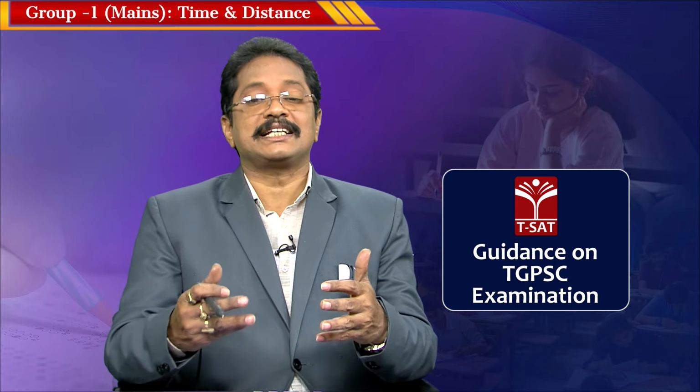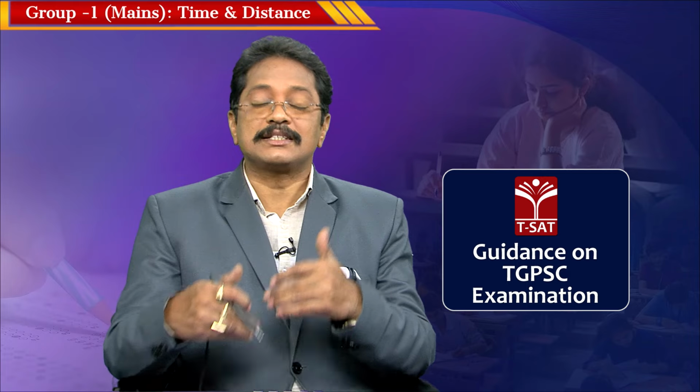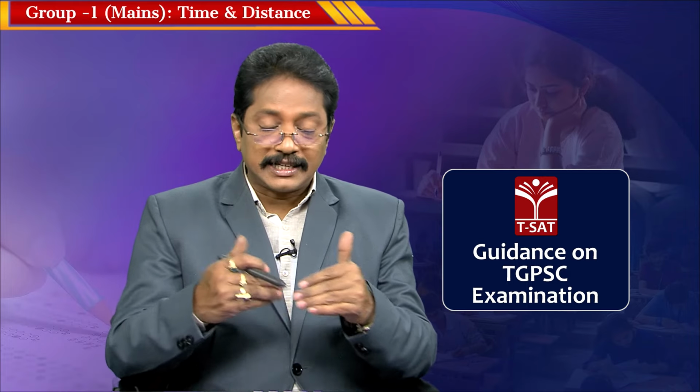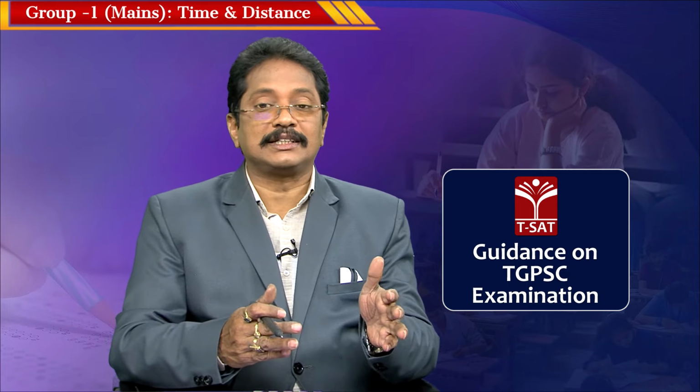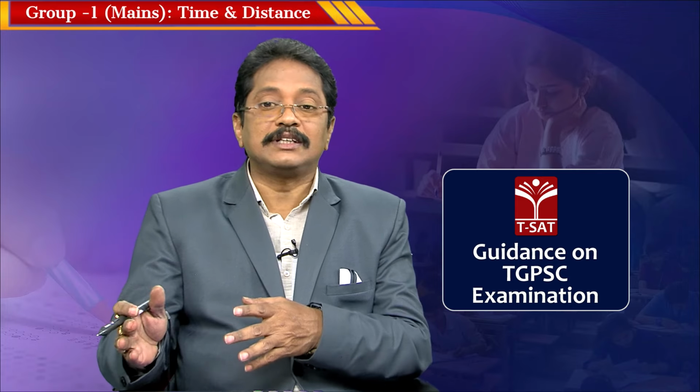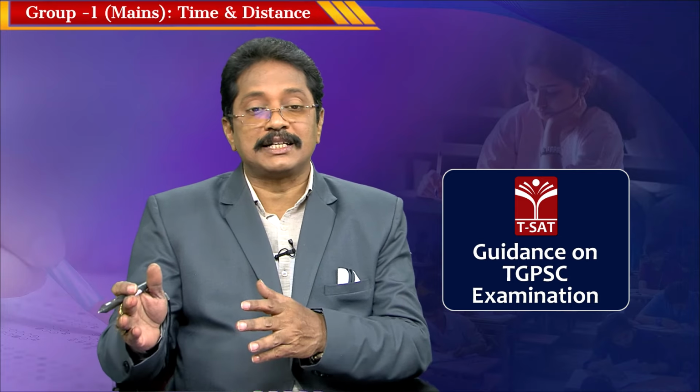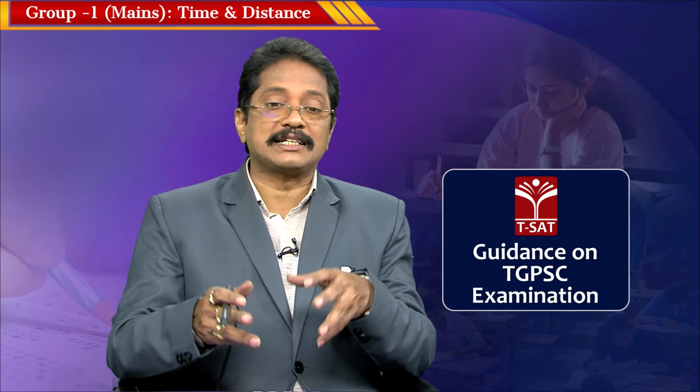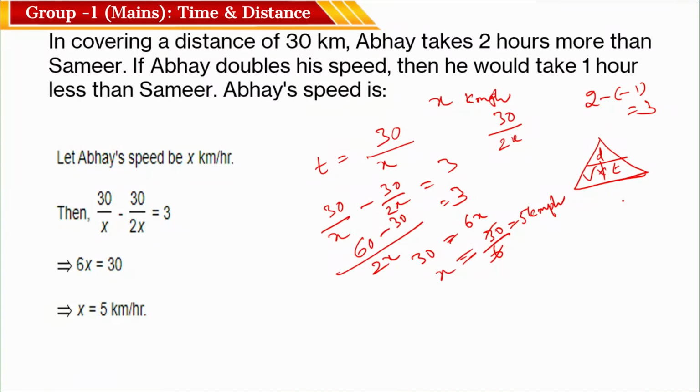When he doubles his speed to 2x, 30 by 2x is the time taken to cover that distance. The difference between these two is 3, that is 2 minus of minus 1. So, 30 by x minus 30 by 2x equal to 3. The very key concept is you have to write 2 minus of minus 1 is equal to 3.